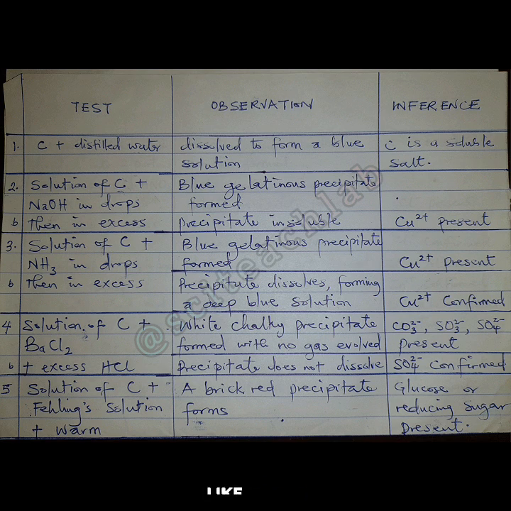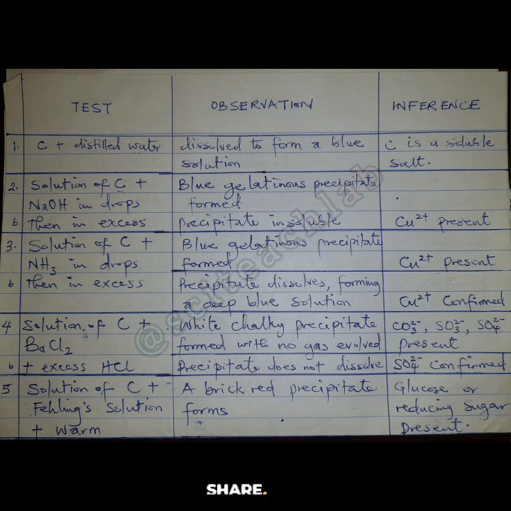But if I add excess ammonia and it still does not dissolve, then that was not Cu2+. Or my ammonia is very weak, but ammonia would still dissolve it in excess. Okay, so we go ahead and do that.